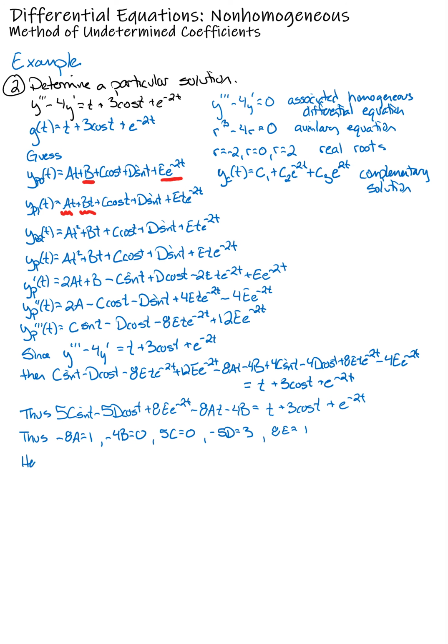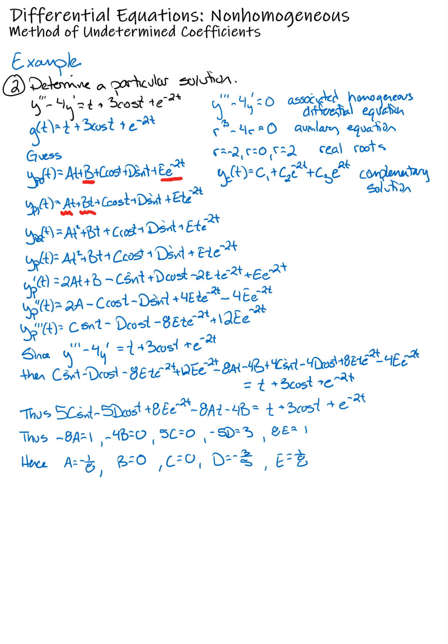Solving each of these gives us that a is equal to negative 1/8, b is equal to 0, c is equal to 0, d is equal to negative 3/5, and e is equal to 1/8.